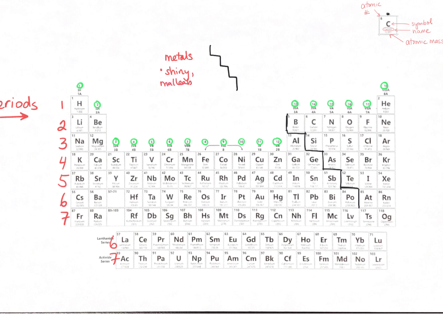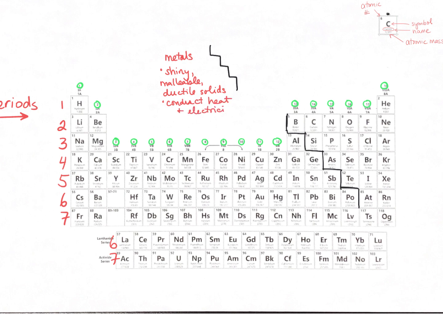If you go back to your physical properties, that'll be familiar. Ductile solids, all except for mercury. Mercury right here is the only metal that is a liquid. All the rest of the metals are solids. And what else can we say about them? That they conduct heat and electricity. So that's very characteristic of metals.